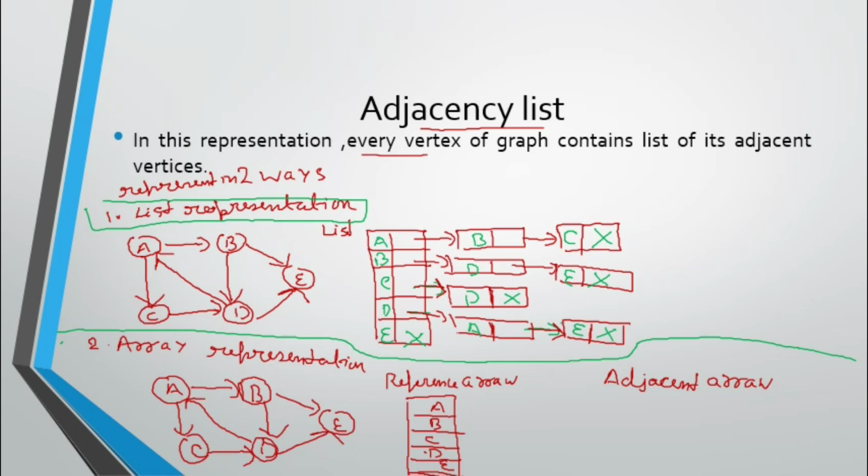Then I can observe that from A I can go to B and C. Please observe my mouse pointer.